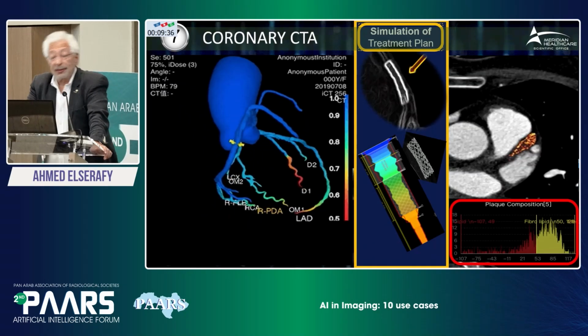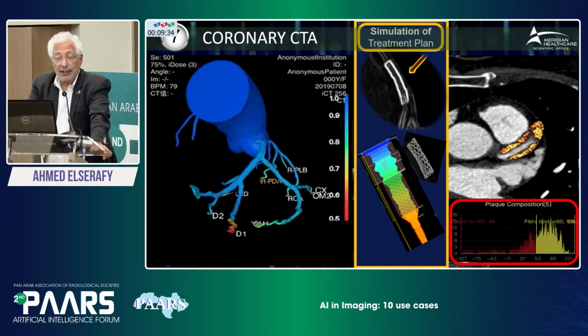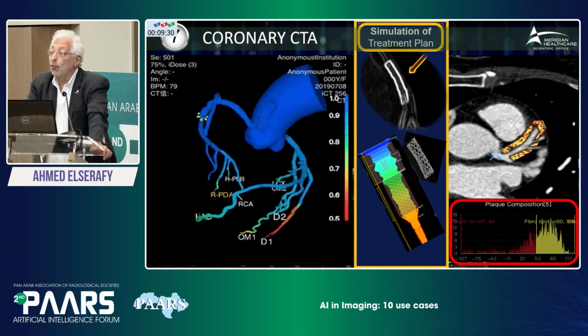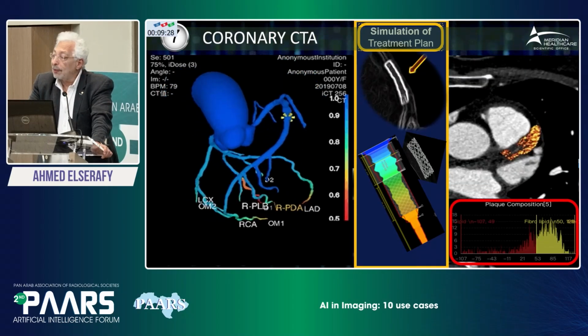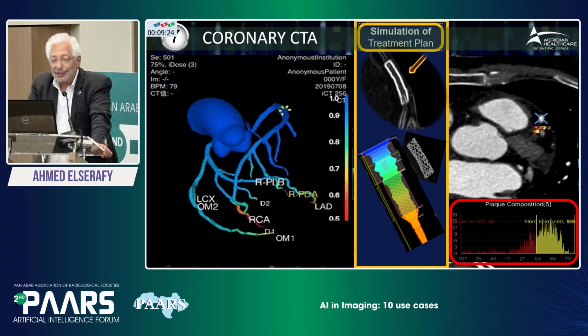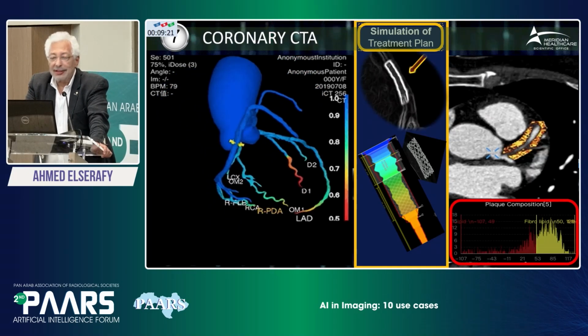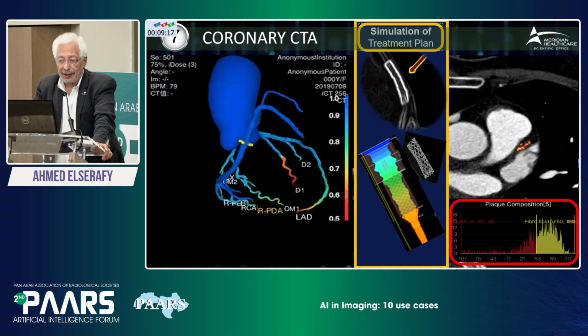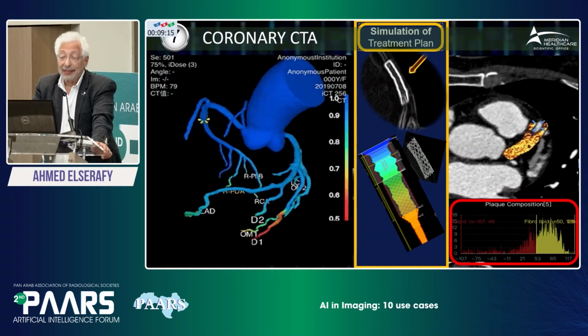Now, with pretty much non-invasive procedures such as CTA, you can generate three-dimensional images with FFR measurement in every coronary vessel, not just the suspected vessels. And this is invaluable. But you could take it one step further. You can simulate stent placement.